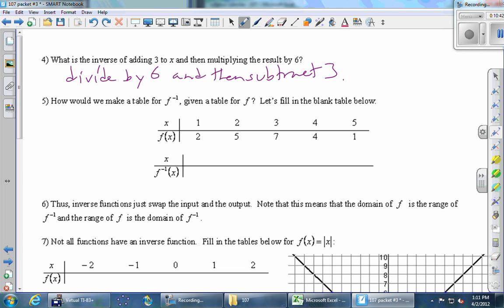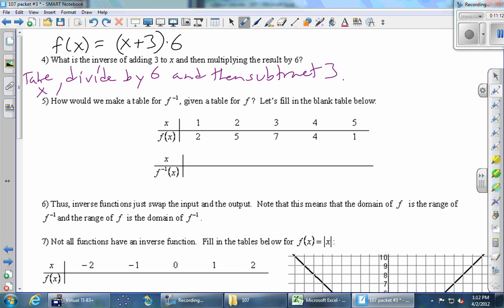Let's see. Yeah. So I guess maybe first we should have said take x, divide by 6, and then subtract 3. So let me write it down. You guys actually just figured out an inverse function. First, we need the rule for the original. If I said add 3 to x, so that's x plus 3, and then multiply by 6, that means you're taking the whole thing and multiplying it by 6, right?